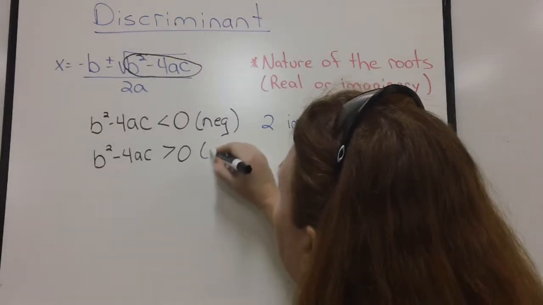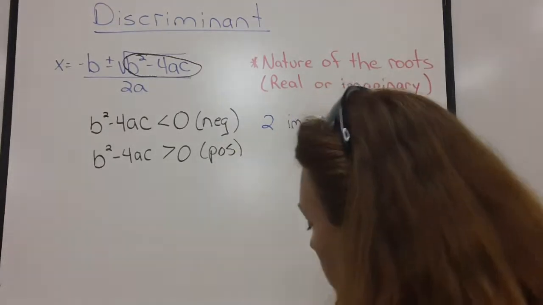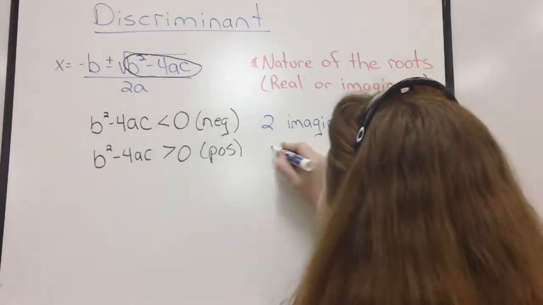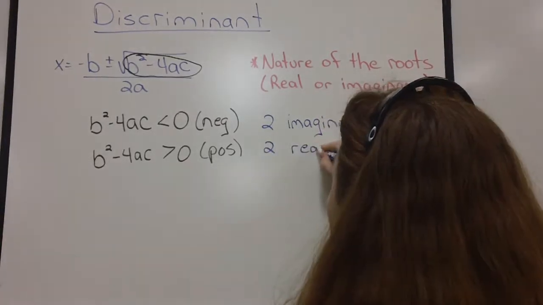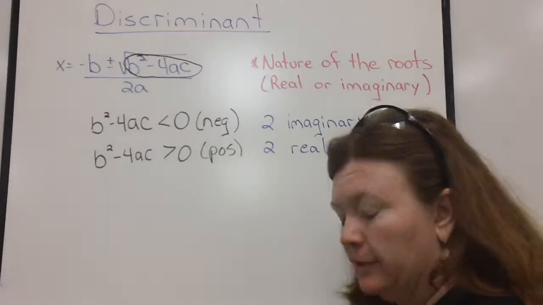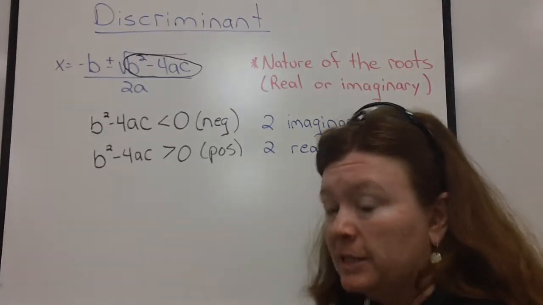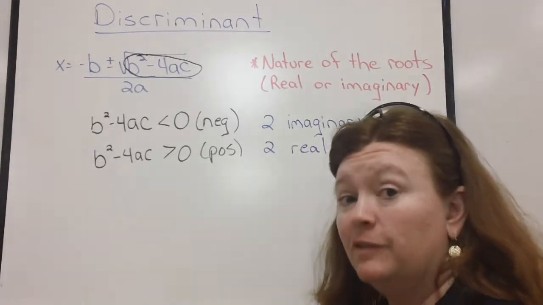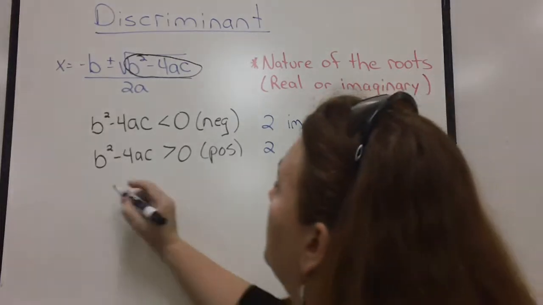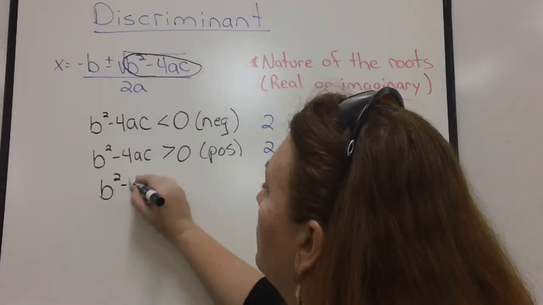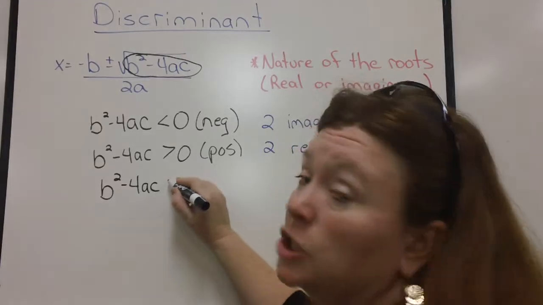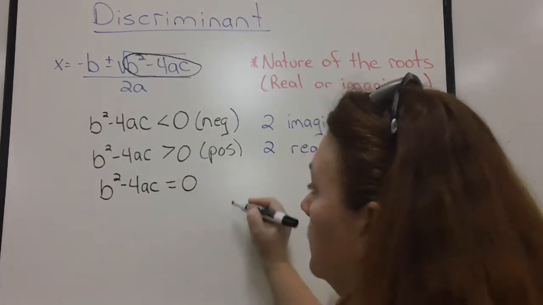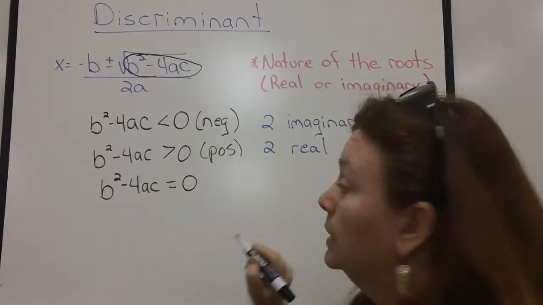So in other words, if it's positive, that means I'm going to have 2 real answers. All right? There's something missing here, though. There is one value that is neither positive nor negative, and that would be what happens when b squared minus 4ac actually is 0.